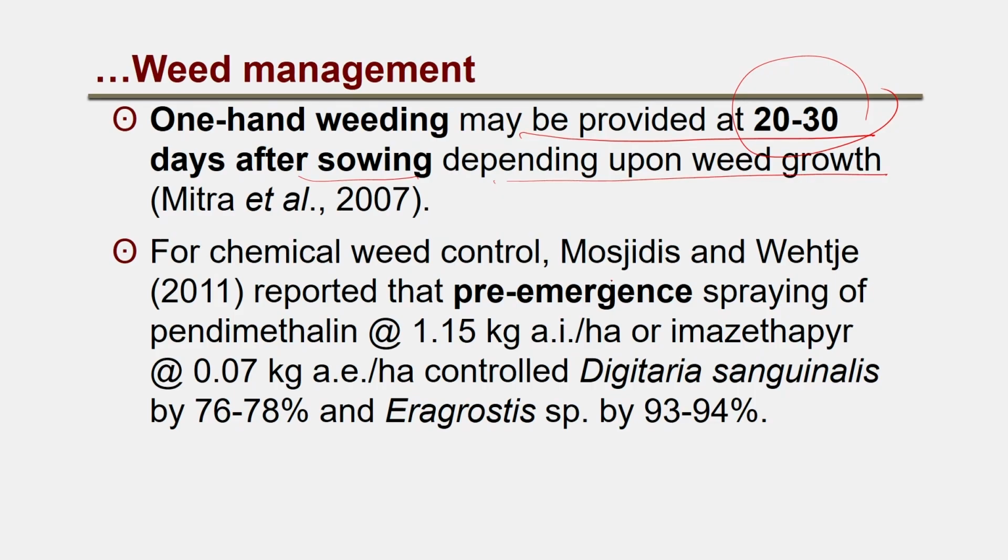For chemical weed control, Mosgidis and Vej 2011 reported that pre-emergence spraying of pendimethalin at the rate of 1.15 kg AI per hectare or imazethapyr at the rate of 0.07 kg acid equivalent per hectare controlled Digitaria sanguinalis by 76 to 78% and Eragrostis species by 93 to 94%. So these are important herbicides that can be used if somebody is interested to control weeds by herbicides.